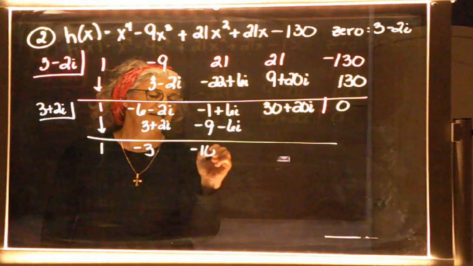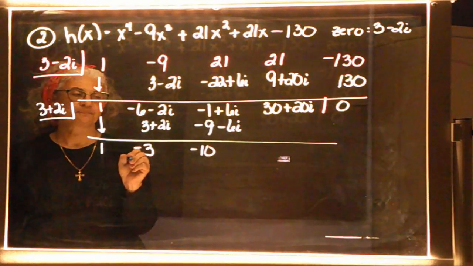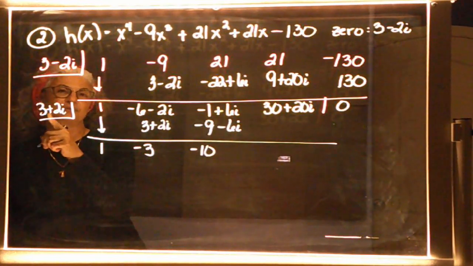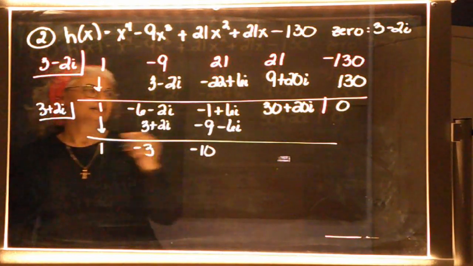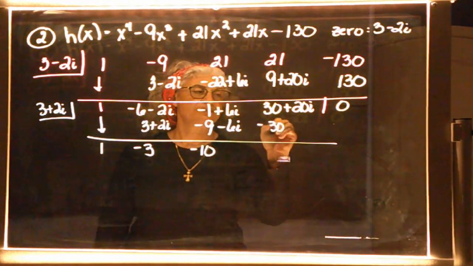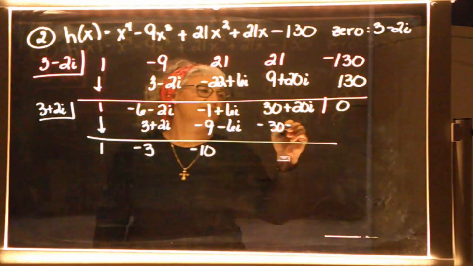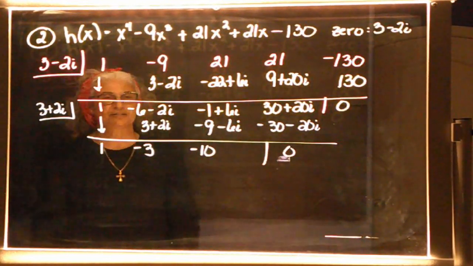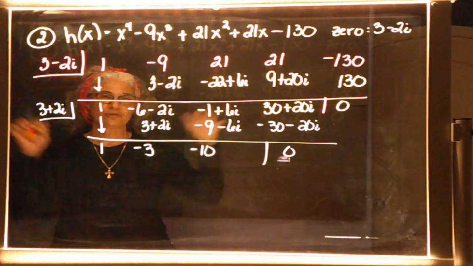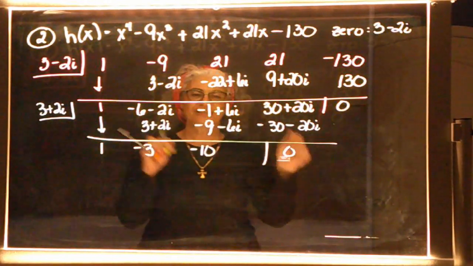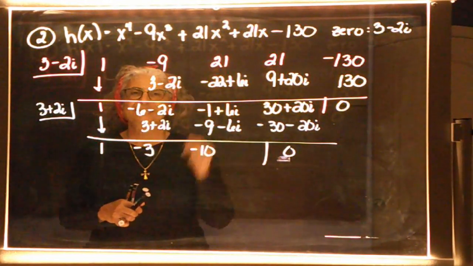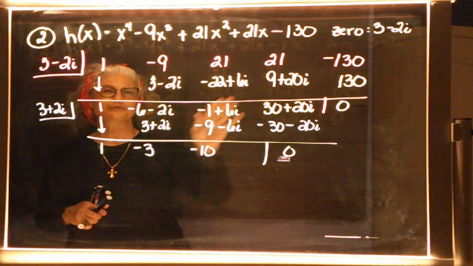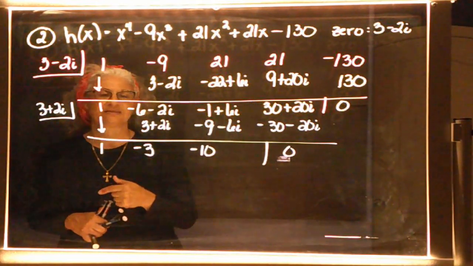Leaves me negative 10, doesn't it? Negative 10 times 3 plus 2i, right? That's a negative 30 minus 20i. Looky there. Remainder of 0. Woohoo! Loving it. See how quick that dropped out? If we've done everything correctly on the first one, the second one is easy peasy.